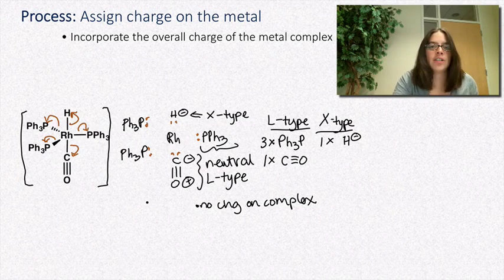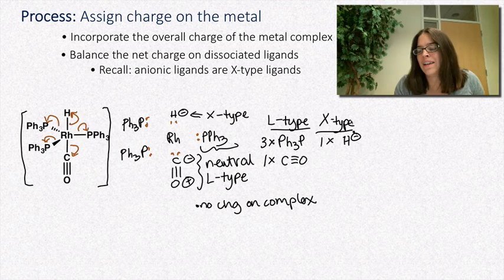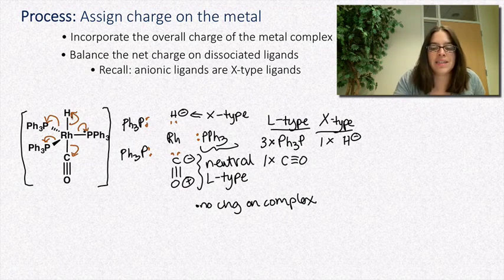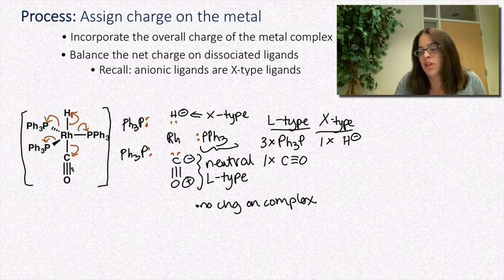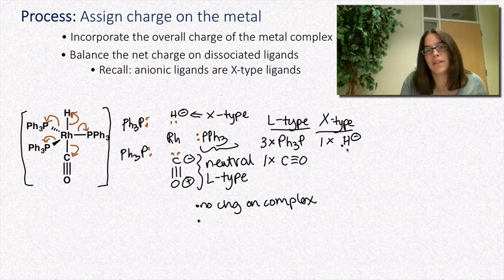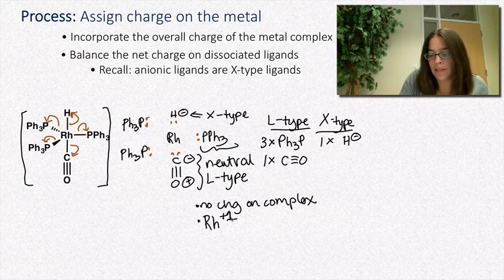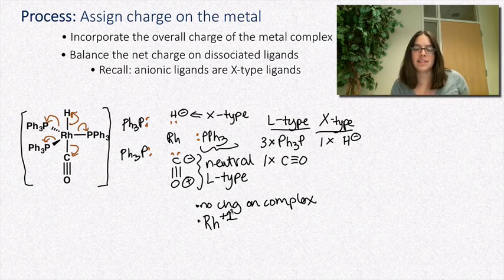Since there's no net charge on the complex, we don't actually need to adjust the charge on the metal. The second step then is to balance the net charge on dissociated ligands. Anionic ligands are X-type ligands, and we have one of those. So if this entire complex is net neutral in charge, then the rhodium needs to be positively charged to counterbalance the anionic charge on this hydride. So the rhodium needs to be in the +1 oxidation state.